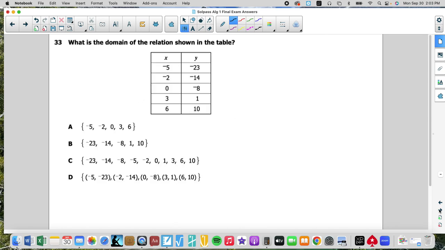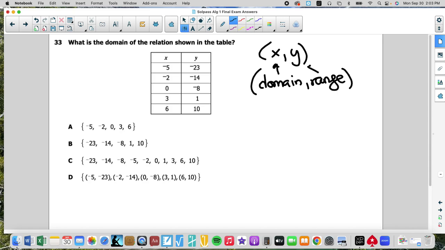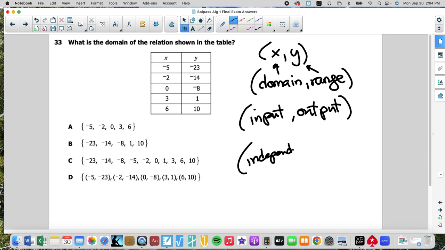What is the domain? So when we have x and y values, you have the domain and range. The domain are my x values, the range is my y. We also have input, output. We also have the phrase of independent and dependent.